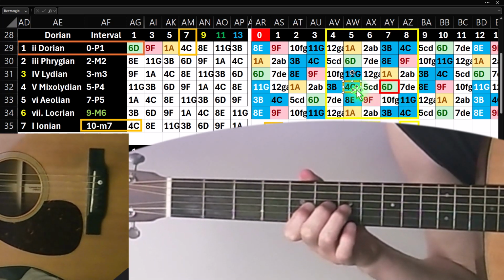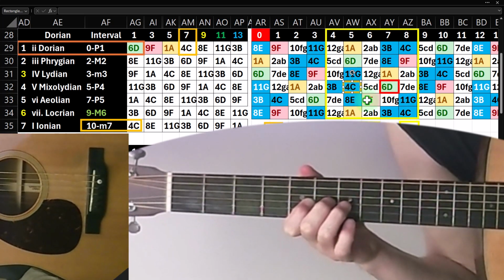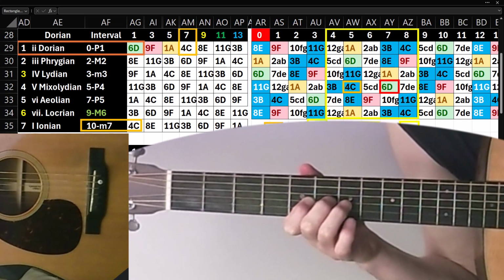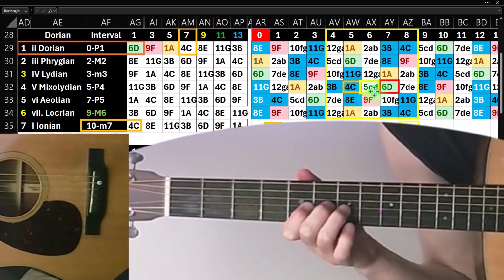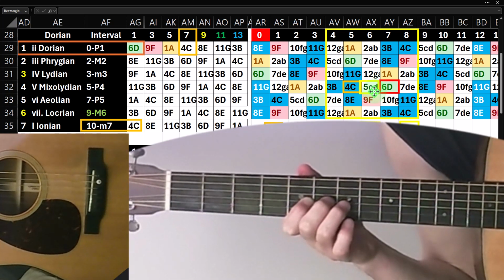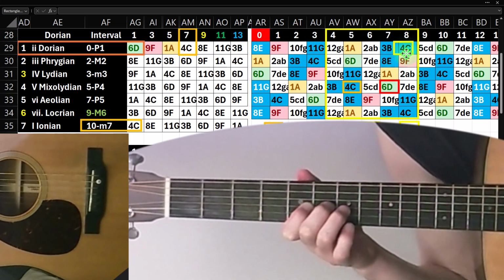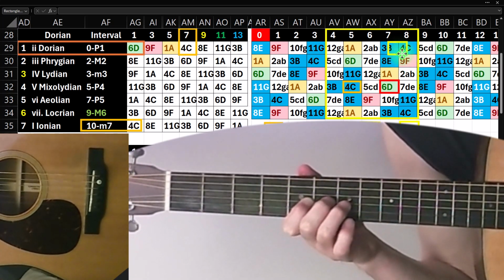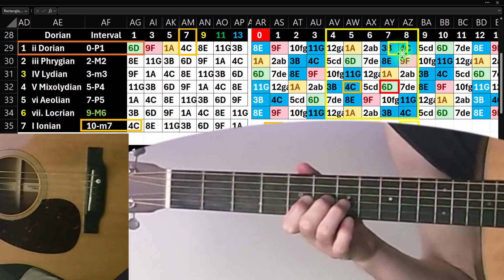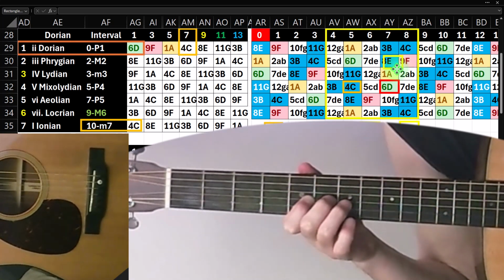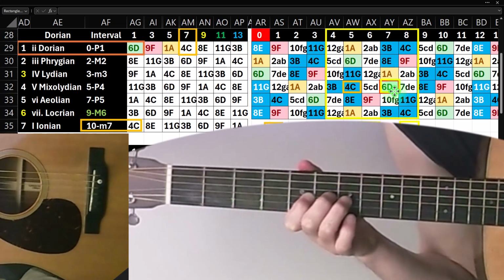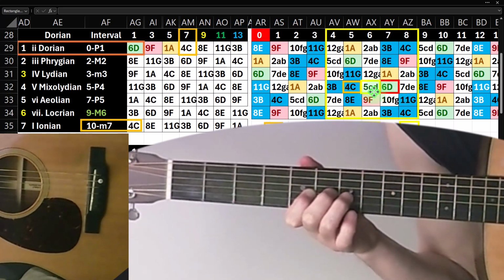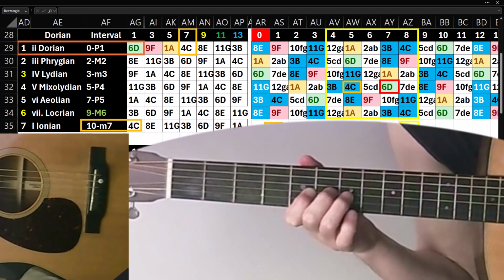Now, notice what you can do whenever you look at this note. That means that the minor 7 is going to be right next to it. Remember that the major 7 in the major scales has that leading tone. If it was the C major, the B leads into it, which gives it that leading feel. Whatever note you're trying to make the root, such as in this case the Dorian, even though it doesn't have that leading tone, you can always kind of throw it in there.